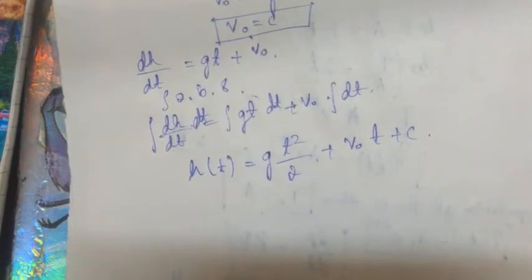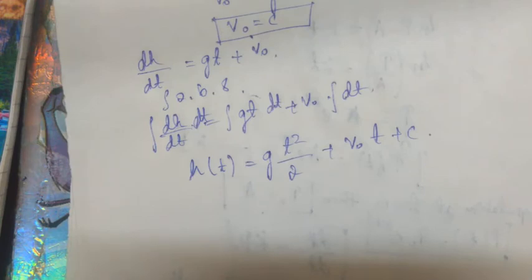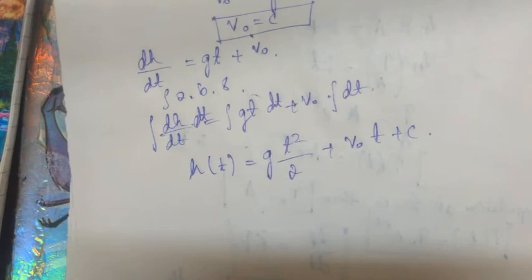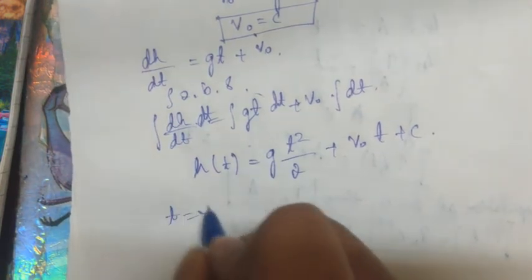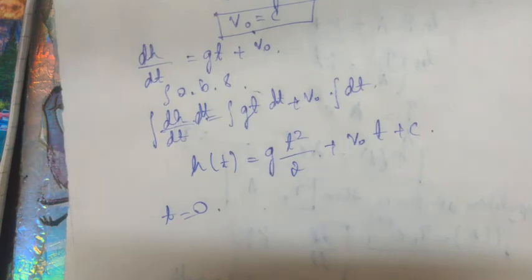When we take the initial condition, that is t is equal to 0, what happens to the h here? Let's see what happens to h.